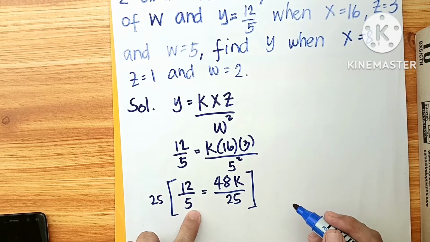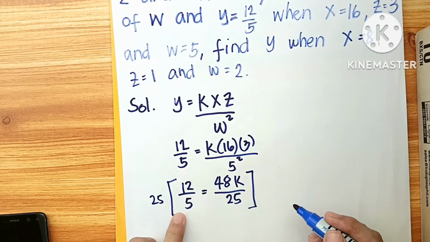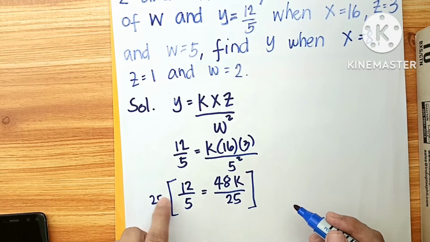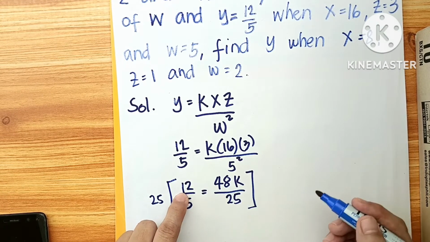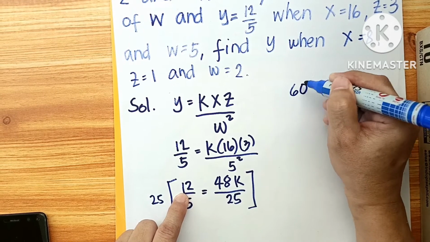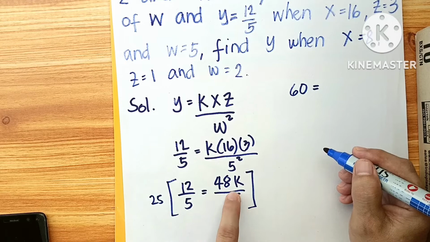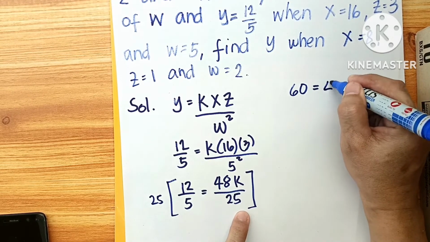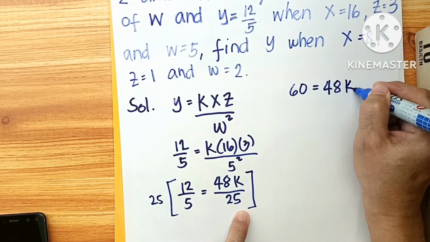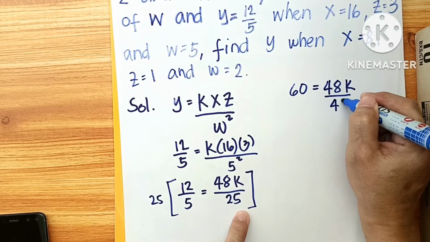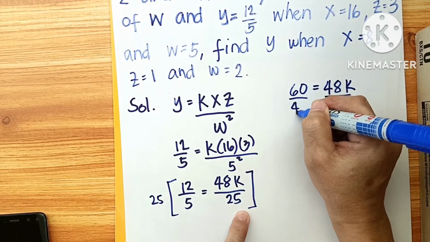So, 25 divided by 5, you divide first before you multiply, ha? So that it doesn't get big. 25 divided by 5 is 5, times 12 is 60. We put it here, okay? Is equal to 25 divided by 25 is 1 times 48k, 48k, right? And then we divide both by 48, okay?